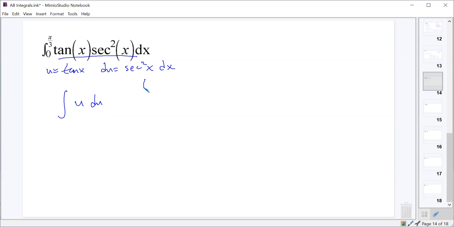So what is the tangent of 0? Right? What is u if x is 0? The tangent of 0 is 0. So that one happens to stay the same. What about if x is pi over 3? What's the tangent of pi over 3?